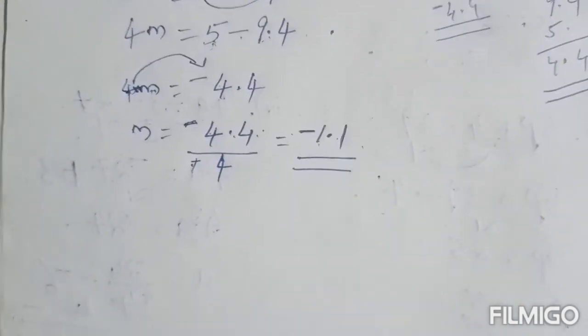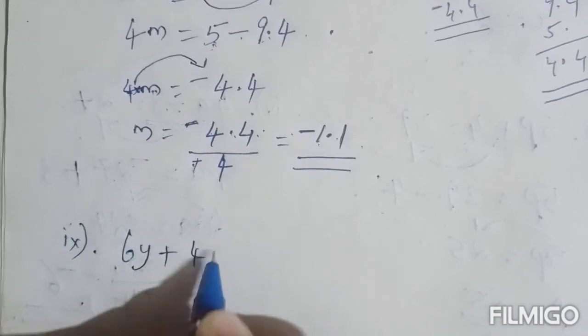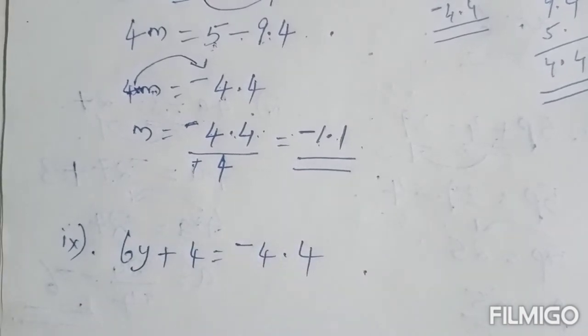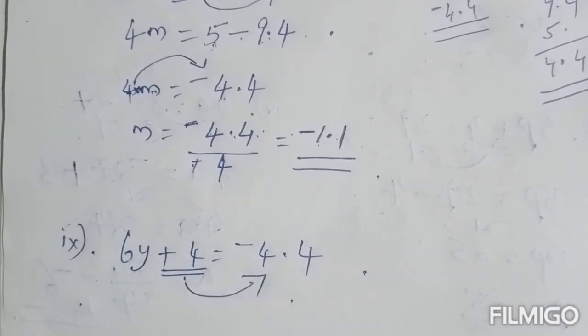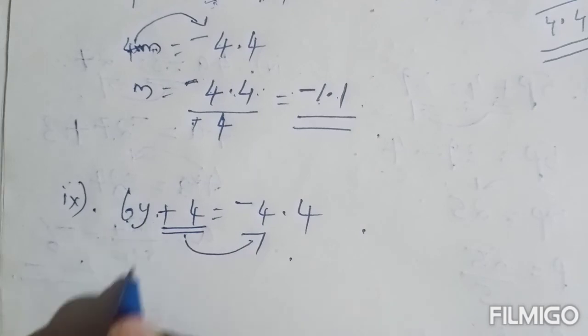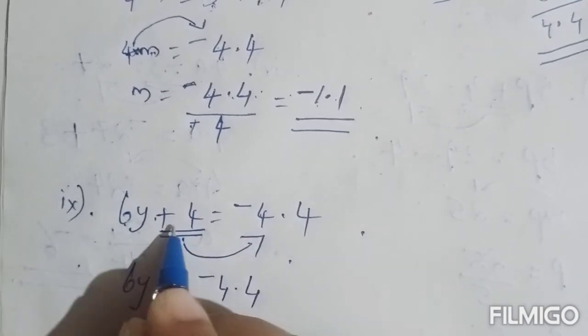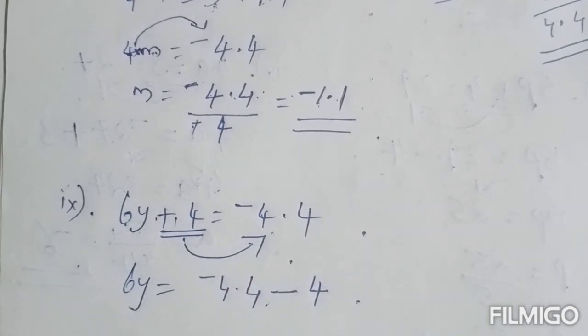Okay. Now ninth question. 6y plus 4 equal to minus 4.4. So first we are taking this plus 4 to the other side. Okay, 6y equal to minus 4.4 plus 4 on taking to other side it will be minus 4. Positive term on taking to other side it will be negative.